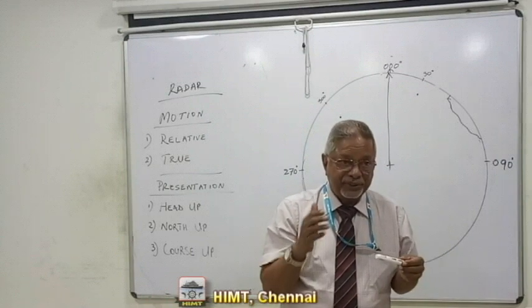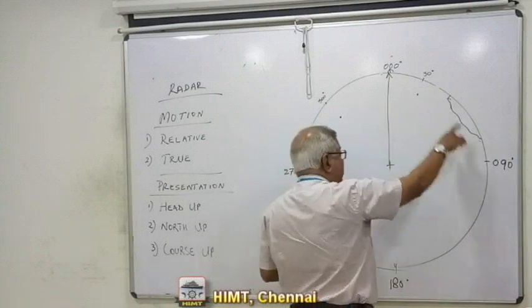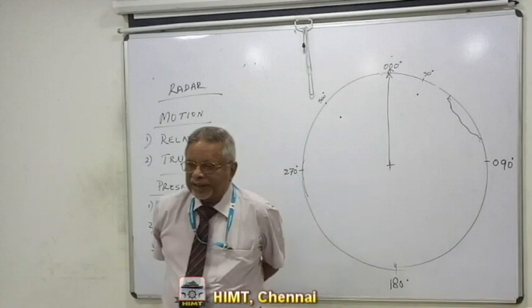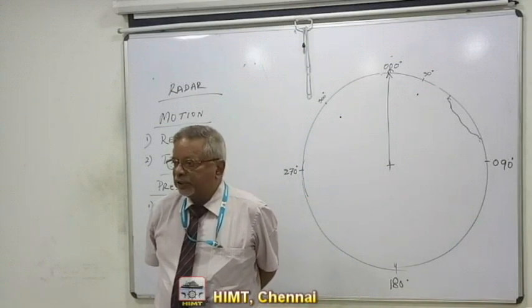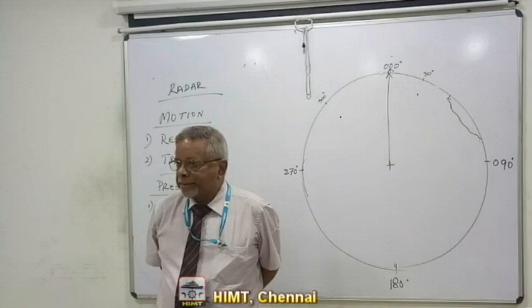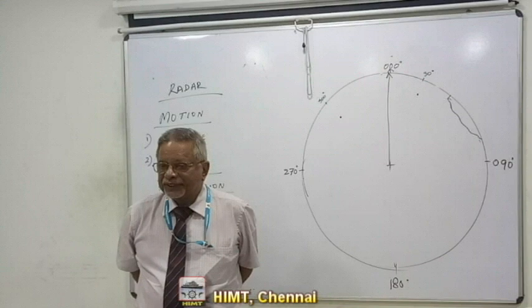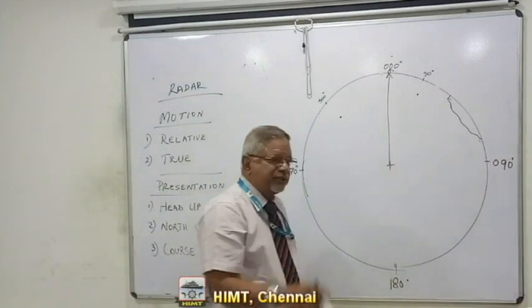That is head-up presentation. So here the 360 degrees around the PPI does not have anything to do with the compass. So what does it represent? If it is not the compass, the 000, 090, 180 and 270, what does that represent?